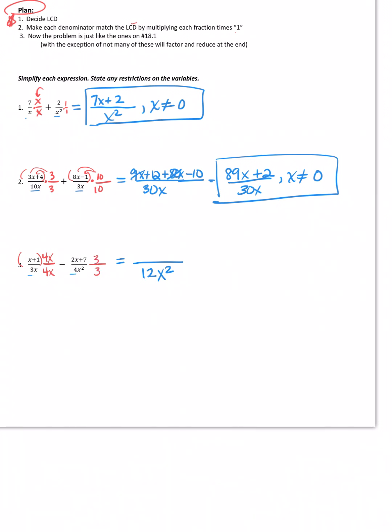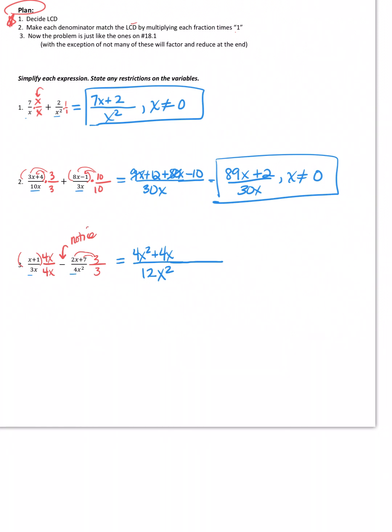Now, I want you to be really careful here. I want you to notice this negative right here. So when I distribute that 3, I'm going to distribute the 3, and I have to distribute the negative. So I need to be really careful here, okay? So let's do the first one. 4x times x is 4x squared. 4x times 1 is 4x. All right, I'm going to extend this a little bit.